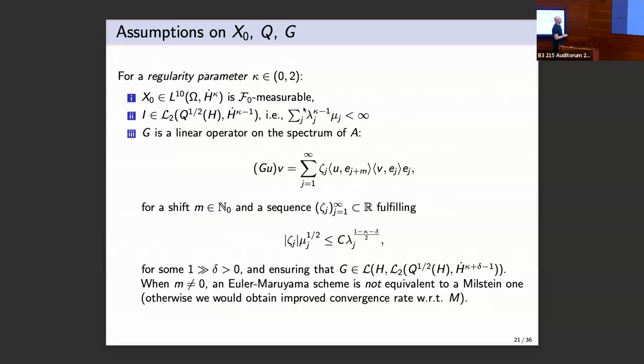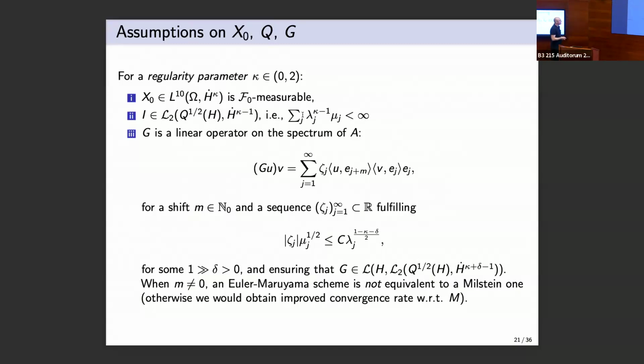That coupling is done through this parameter kappa, which was already introduced. So we assume that there exists some kappa. This ensures that when I use Ito isometry on the additive part of my Q-process, it's going to be bounded in terms of the spectrum.